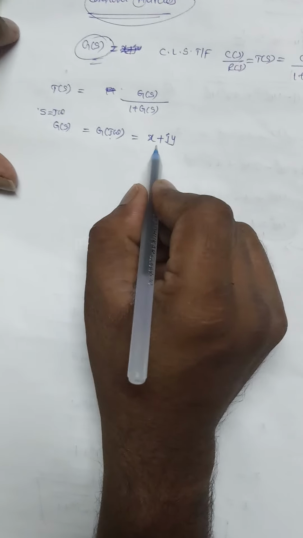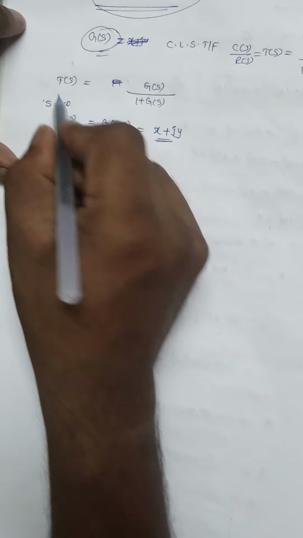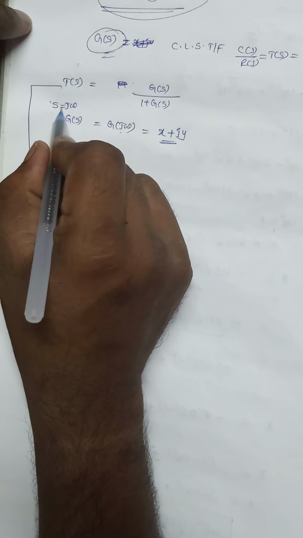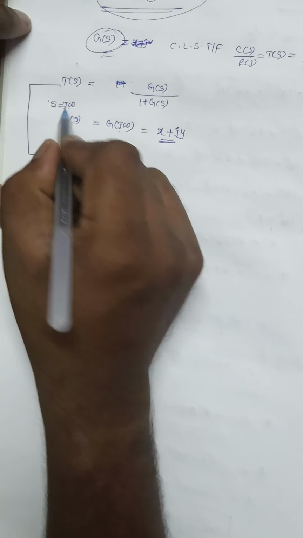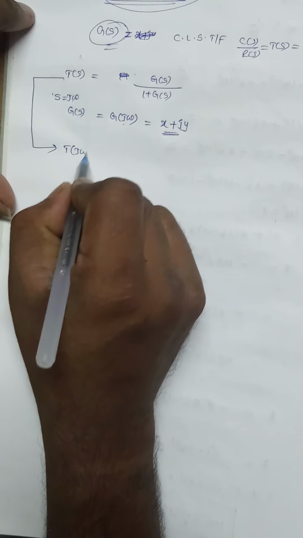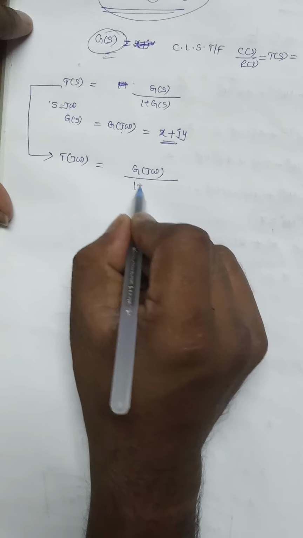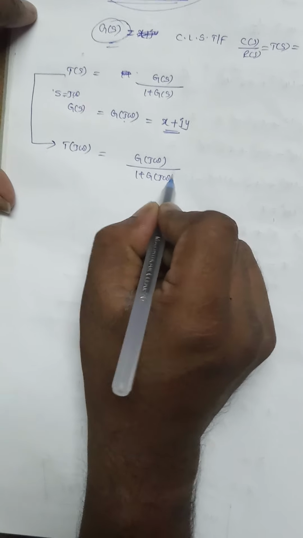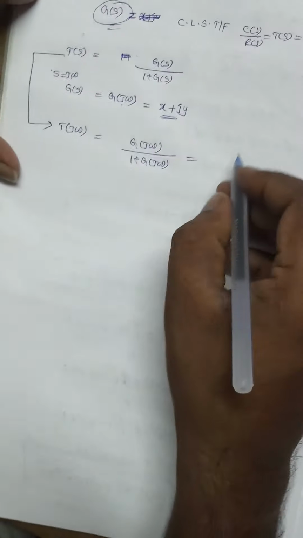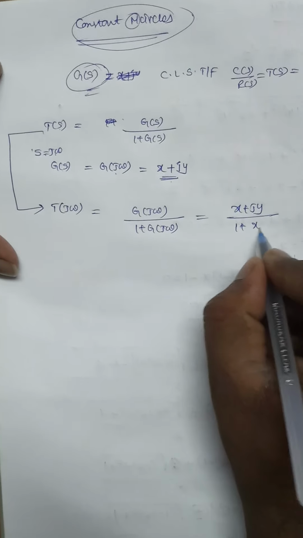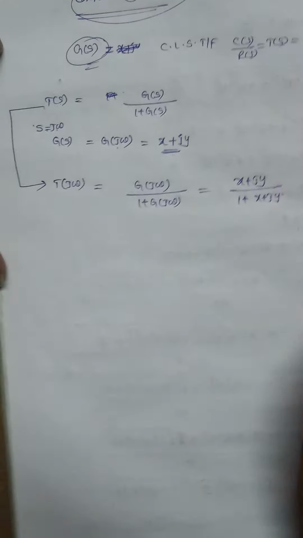G(j omega) is equal to x plus jy, and if I substitute in T(s), the closed loop system transfer function, replacing s with j omega, T(j omega) is equal to G(j omega) divided by 1 plus G(j omega), and this we know is x plus jy divided by 1 plus x plus jy.